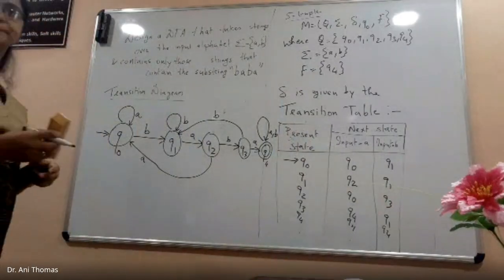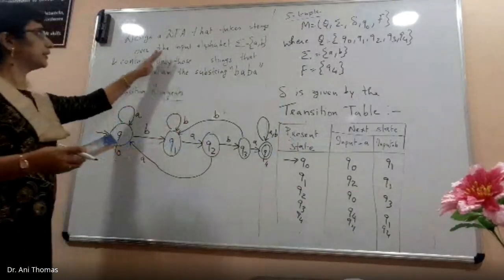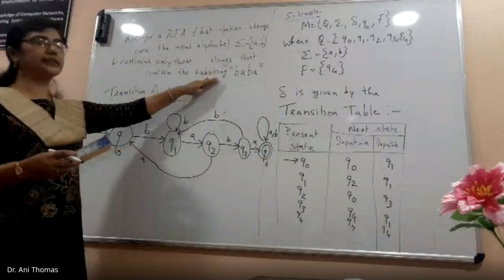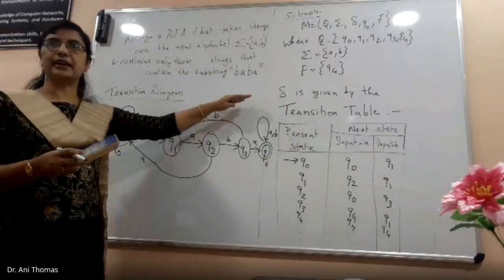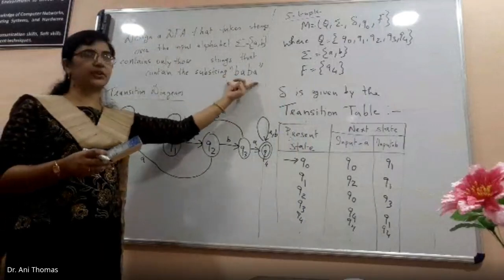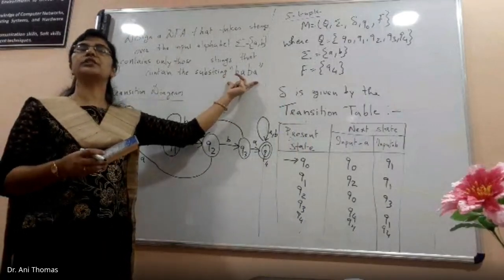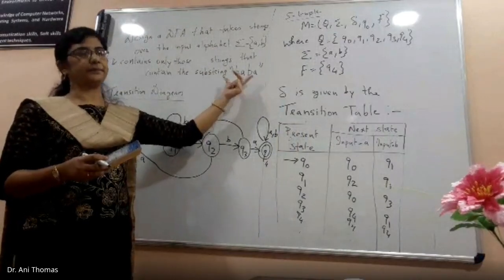So we see that the DFA is designed for the string containing the substring BABA, which means that it should at least contain this substring once, and it should not accept any other strings which do not contain BABA.